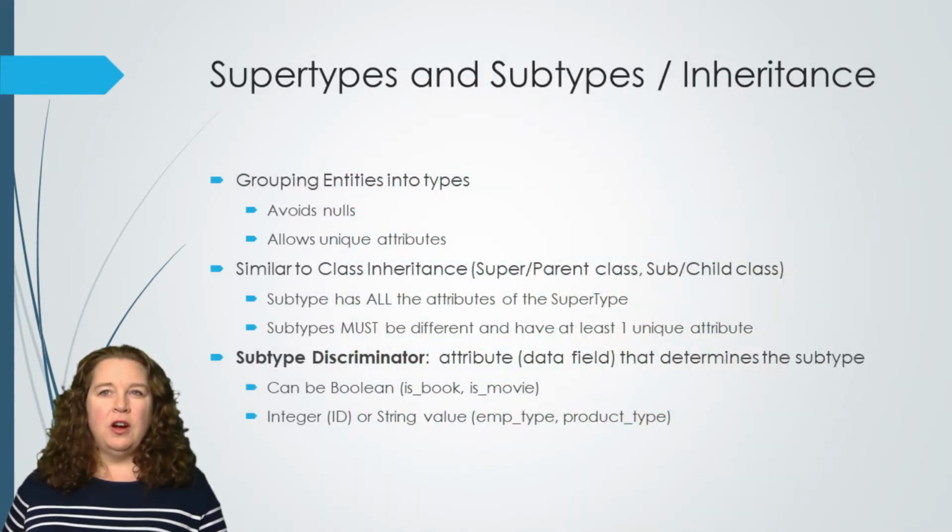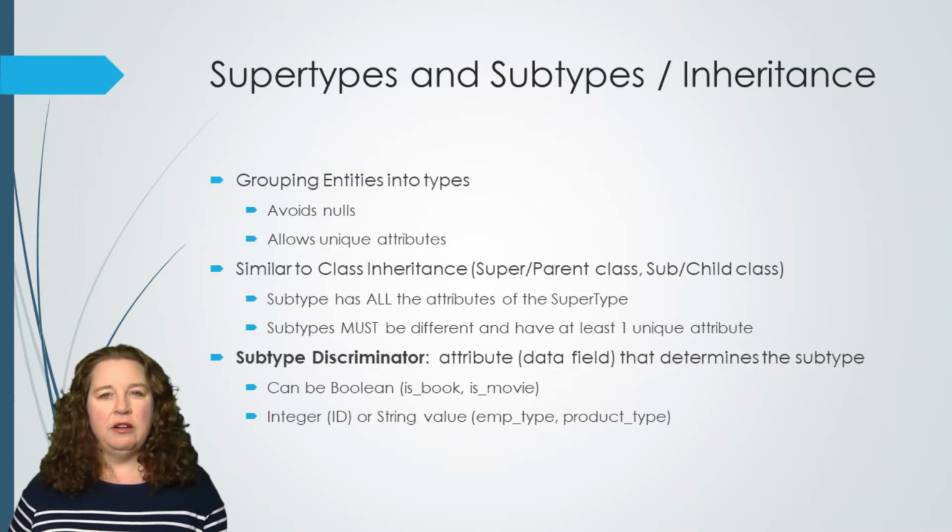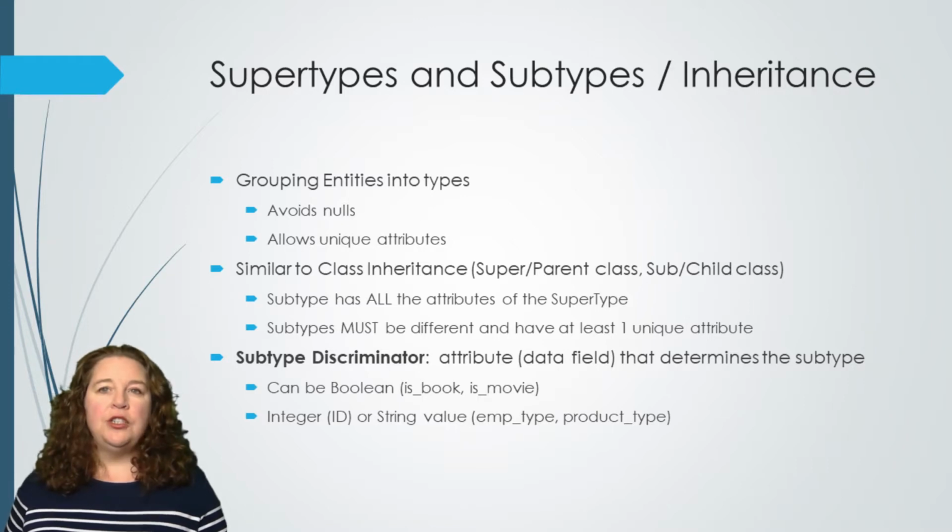So first off are supertypes and subtypes. This is kind of getting into the concept of inheritance, and assuming that you have taken an object-oriented language before, you should understand the concept of inheritance, where we are grouping into supertypes and subtypes.